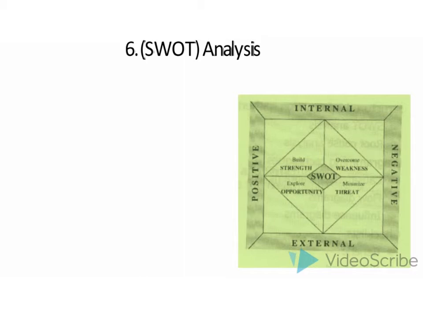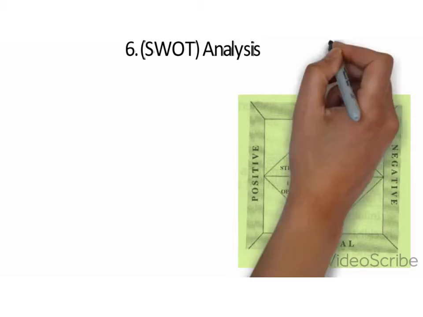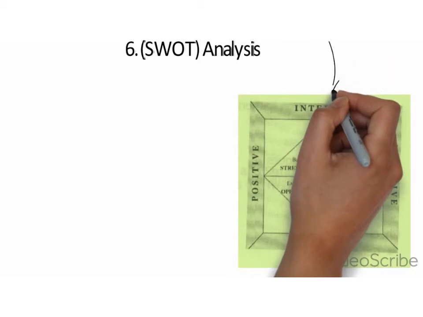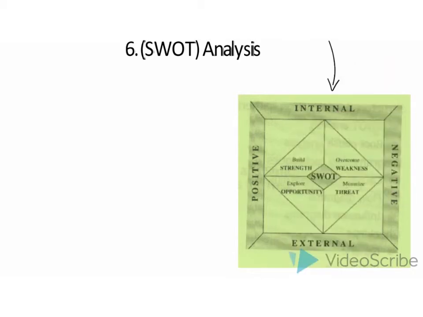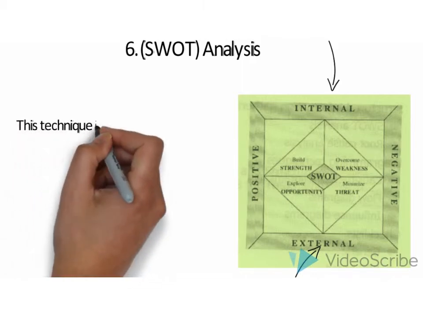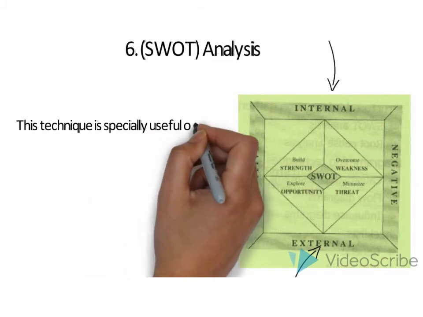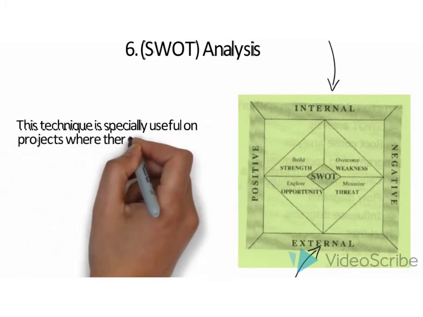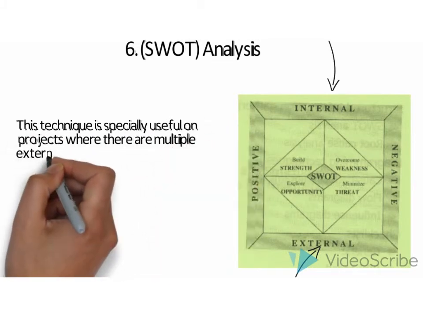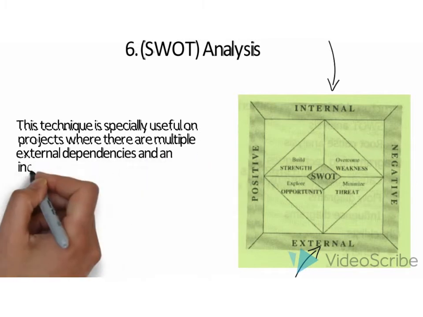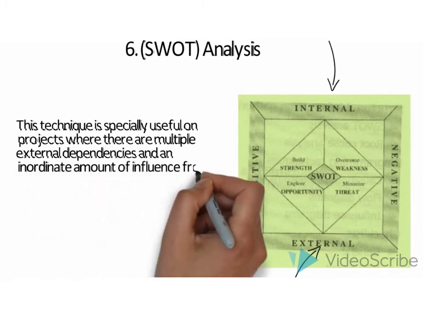Factors internal to the organization usually can be classified as strengths or weaknesses, and factors external to the firm can be classified as opportunities or threats. This technique is especially useful on projects where there are multiple external dependencies and inordinate amount of influence from external factors.